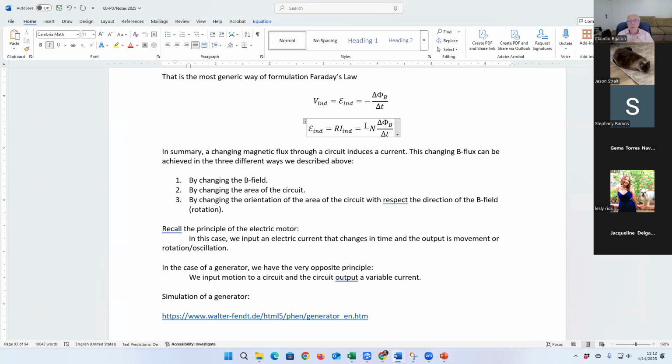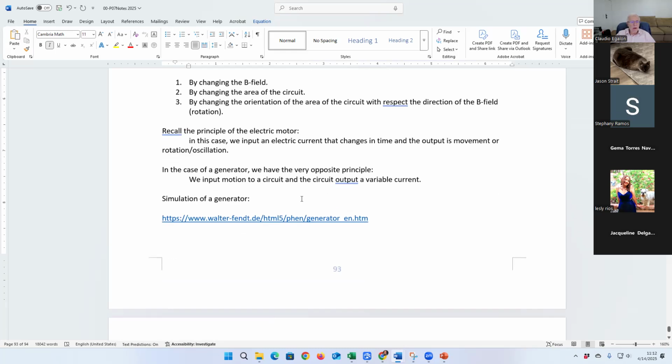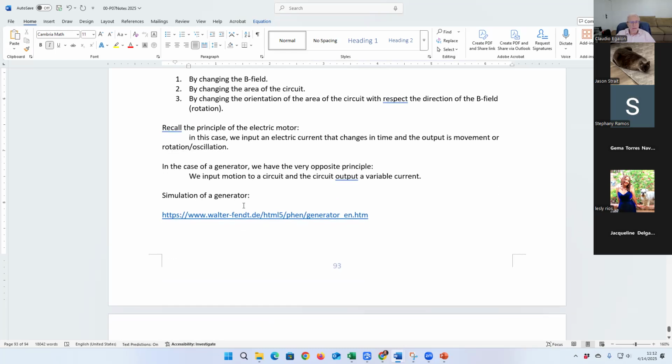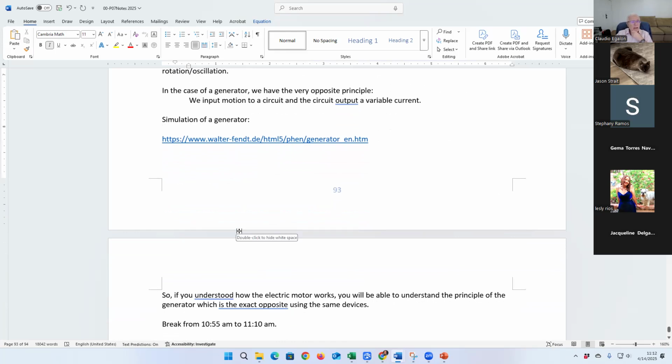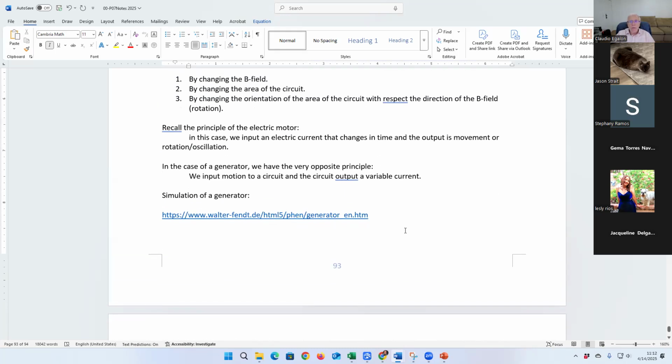The more loops you put in the circuit, the more sensitive it will become to the induced current, and you saw that in the video that I showed to you. Here is the link for the simulation of the generator. I want you to review that. It's a very good simulation. I like the way they do it.